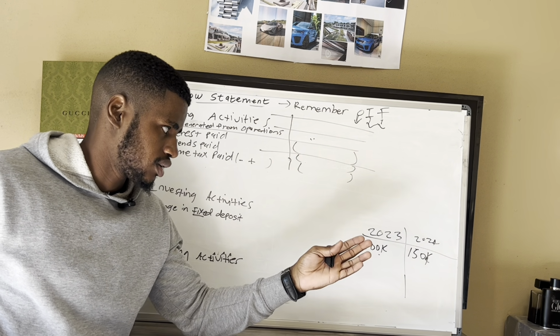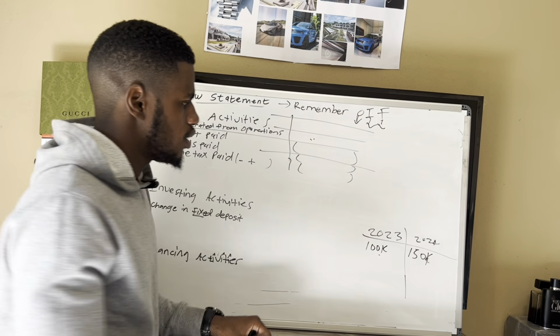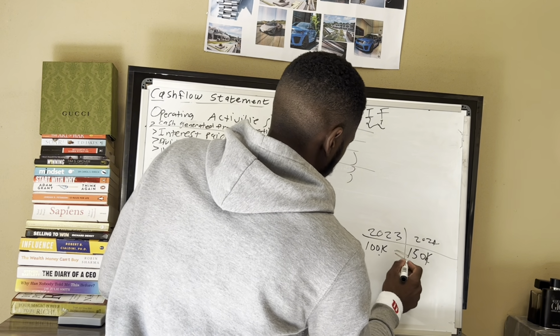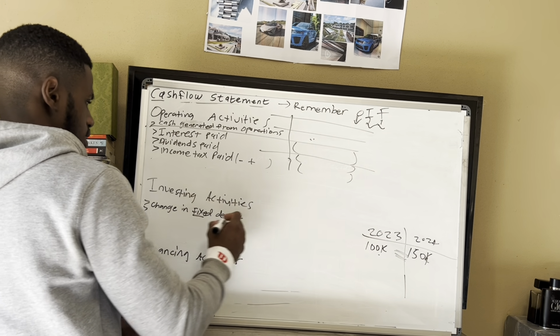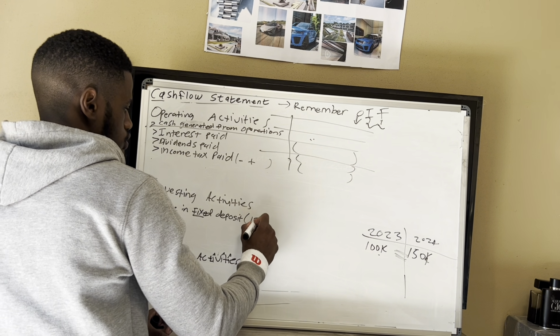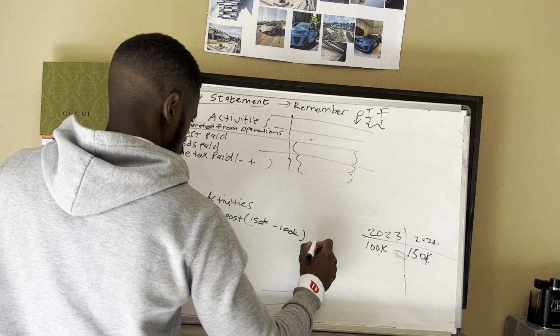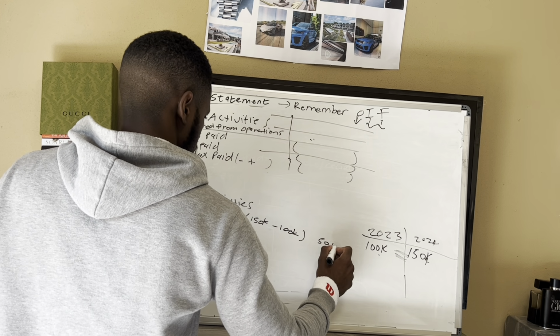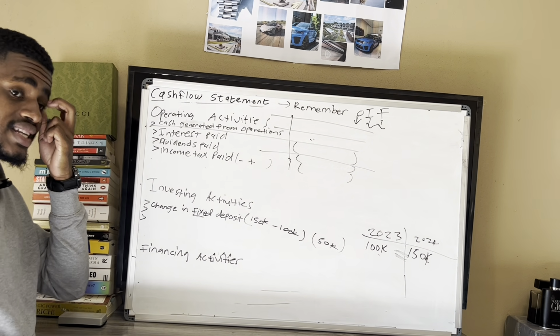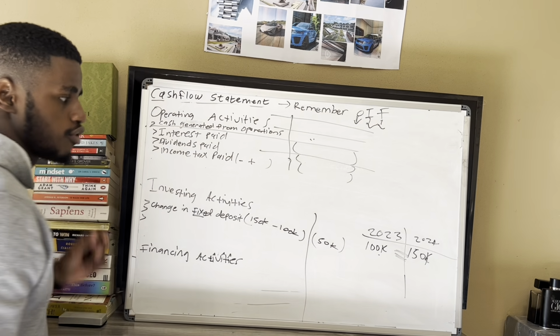As much as it's a good thing that our fixed deposit has increased, it's an outflow. So in your exam, 150,000 minus 100,000 gives us 50,000, which will be in brackets because this is an outflow.